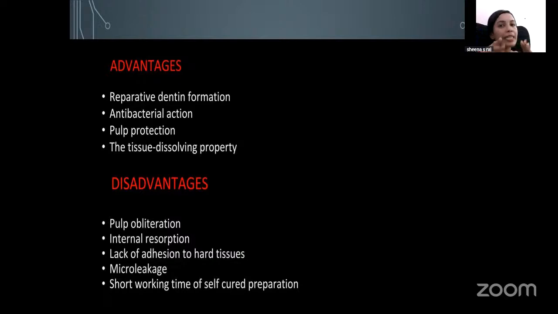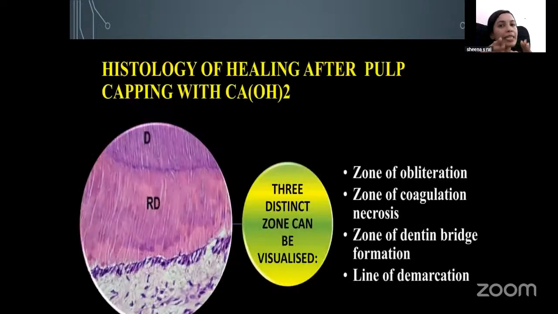This is the healing of the pulp once we place calcium hydroxide. There are four very distinct zones that are formed. First is the zone of obliteration, then the zone of coagulation, the zone of dentinal bridge formation, and the line of demarcation.